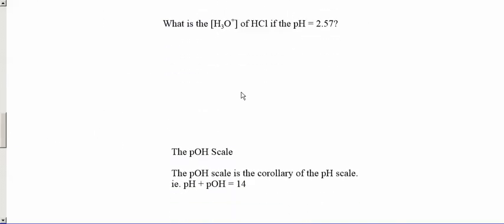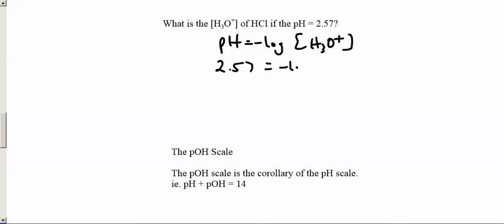Next guy, here it's asking what is the concentration, so let's be careful here. pH is equal to the negative log of H3O plus, and since this is 2.57, it is equal to negative log of that concentration. I'm going to bring the negative sign over first because I want to get log all by himself.